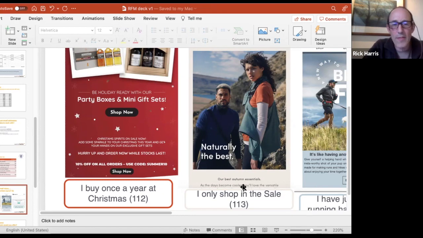What about the fact that they've sent me 10% off all orders? How do you feel about that as an offer, as a marketing hook to get me to buy something? Any thoughts on that?